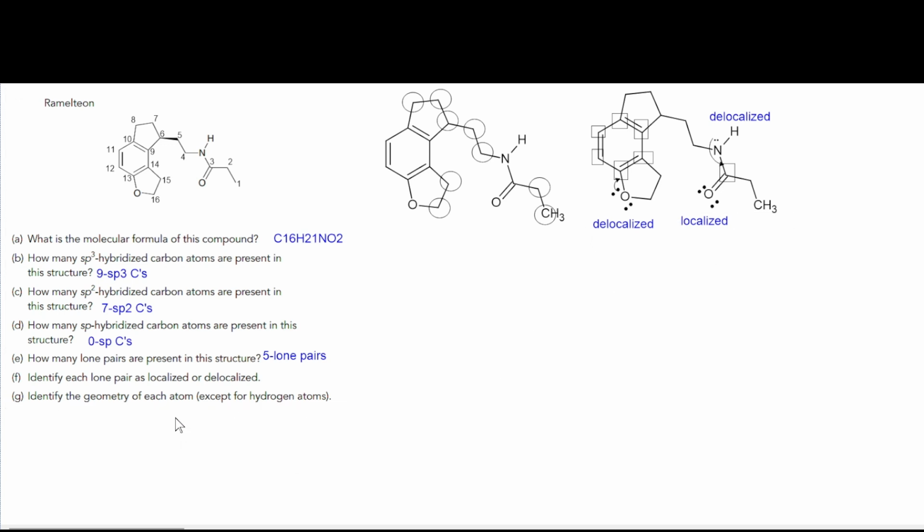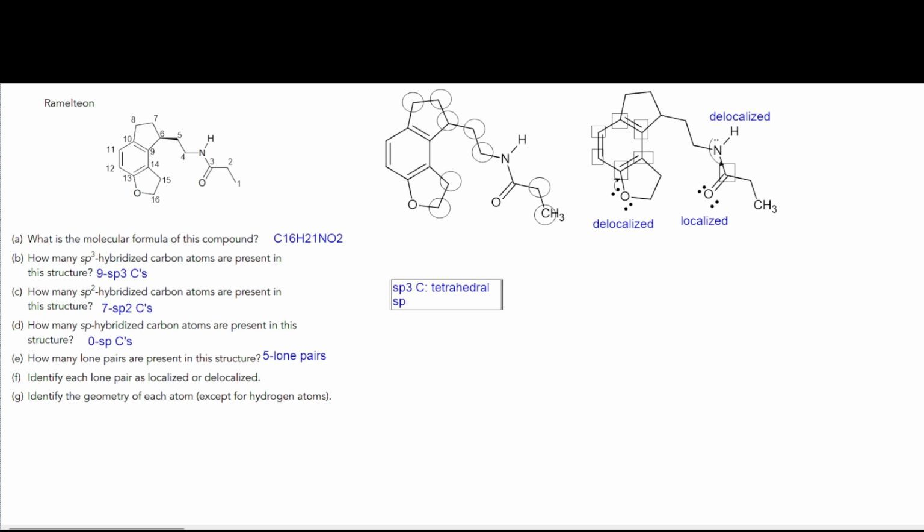Fantastic. The next question is to identify the geometry of each atom. All sp2 hybridized carbons will have trigonal planar geometry. All sp3 hybridized carbons will have a tetrahedral geometry.